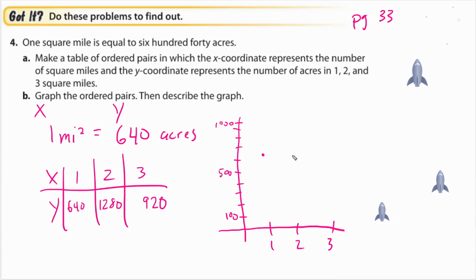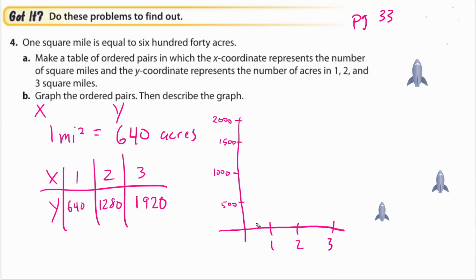I actually need much more than this. All right. Let's make this 2,000. So this will be 1,000, so this will be 500, 1,500.